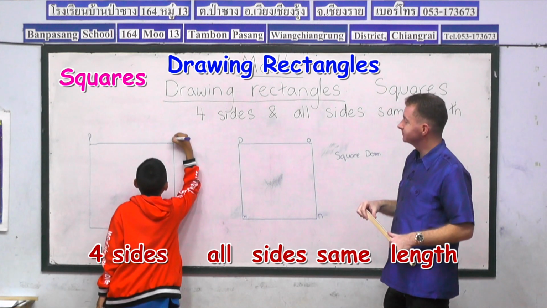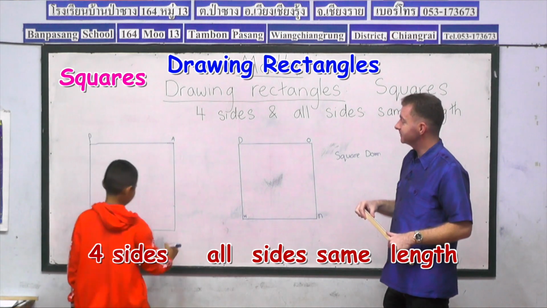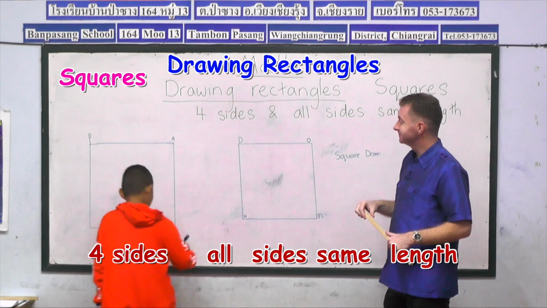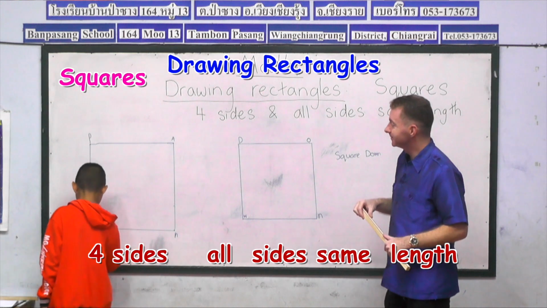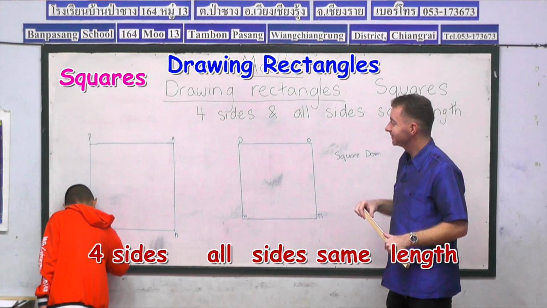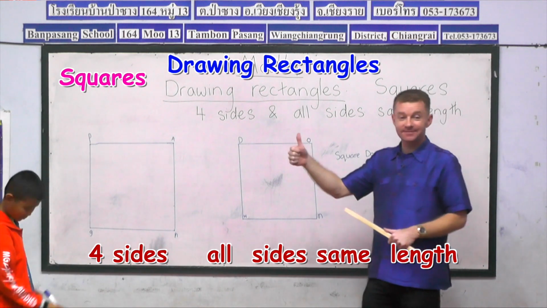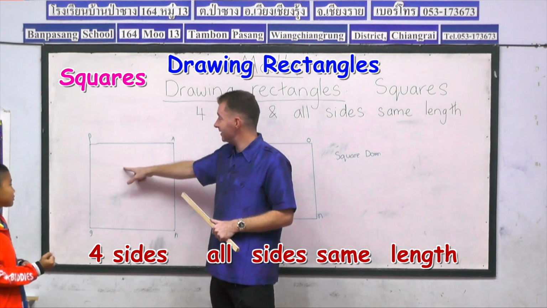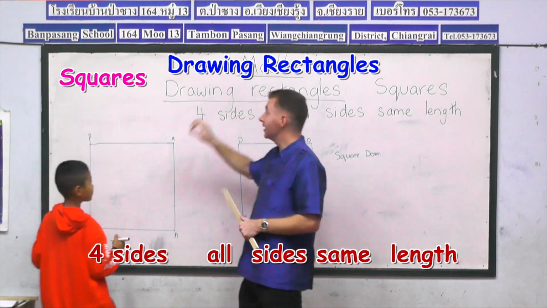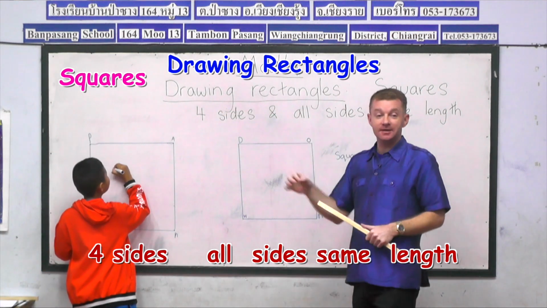P, A, N, G. Brilliant. So now Pang Pon can name his square. So Pang Pon, can you write inside your square, square, P-A-N-G for Pang.